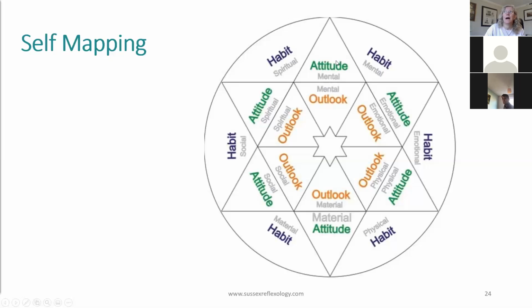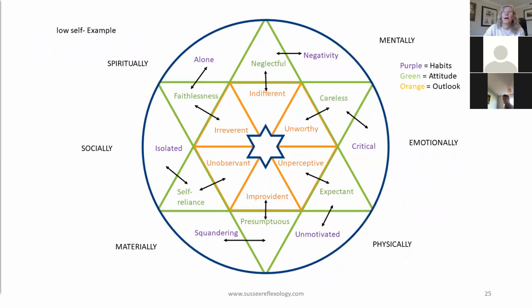I'm in a victim mentality, and my outlook is that the world is a gloomy place, a bit Eeyore, a bit woe is me, my life is shit, excuse the language. And emotionally, when I'm at my low self, I'm quite hard on myself. So we ask ourselves these questions and we start to build a picture of our low self.